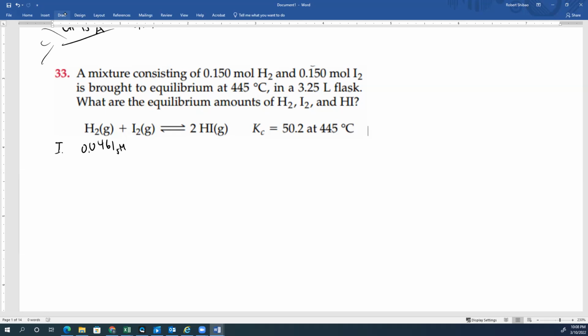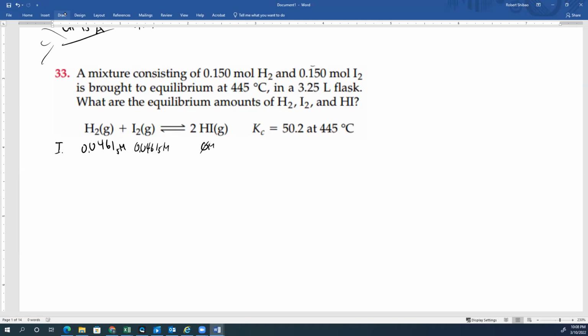Here, I could go millimolar. This would be 46.15 millimolar, but usually I like to do everything one way. If I have too many variations of units like millimoles, millimolar, et cetera, it gets mixed up. If I do it the same way, I have a better feel for the numbers. The other one's going to be the same, 0.04615 molar. And over here, I'm going to have 0 molar.